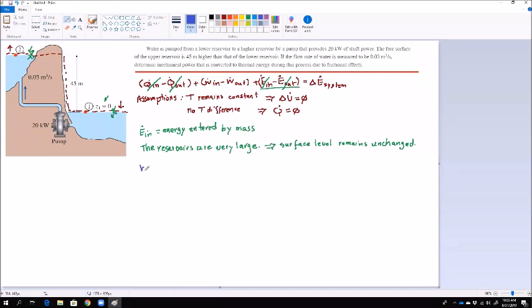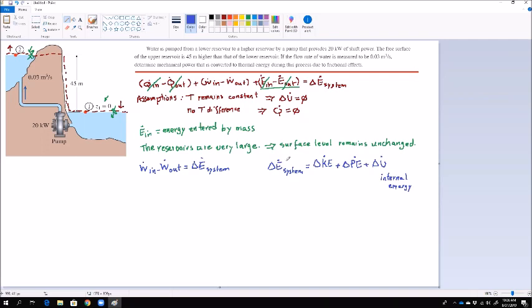equation is just simply W dot in minus W dot out is equal to the change in energy of the system. This is the total energy of the system. So the total energy of the system in rate form consists of change in kinetic energy of the system plus change in potential energy of the system plus change in microscopic forms of the energy, or internal energy of the system.